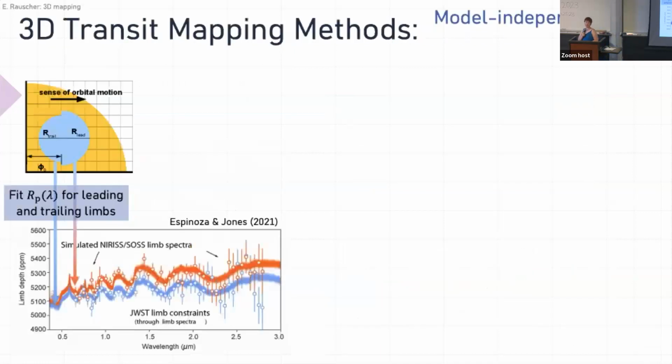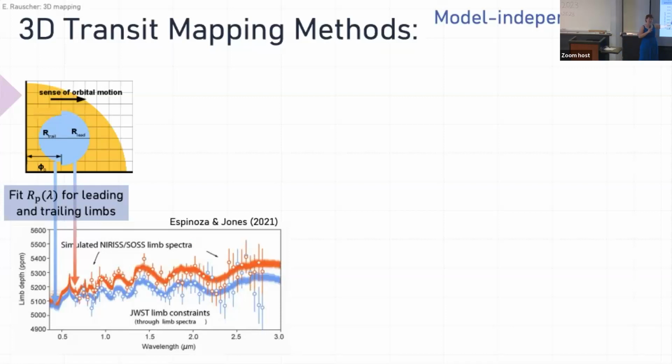In terms of techniques to pull out this information, there's also been a few efforts now where you can either do more model independent techniques, where you let one side of the planet be larger, one side of the planet smaller, and then you let that influence the shape of the light curve and you fit at different wavelengths.